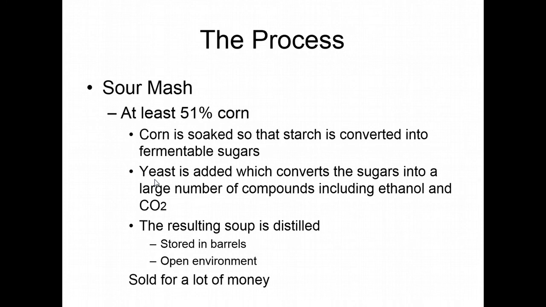If you're making moonshine, which I don't think these guys are really making on Moonshiners, you add a yeast that you get. Mainly you add the yeast so you can get the same kind of product every time, as opposed to letting whatever the wild yeast is come in.